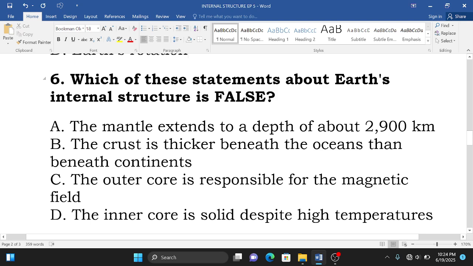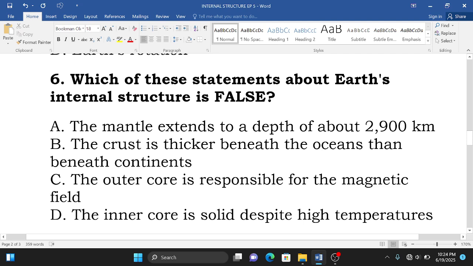Which of those statements about the Earth's internal structure is false? Those statements talk about the internal structure of the Earth, but they want us to see which one is wrong, which one is false, which one is not correct. A. The mantle extends to a depth of about 2,900 kilometers.